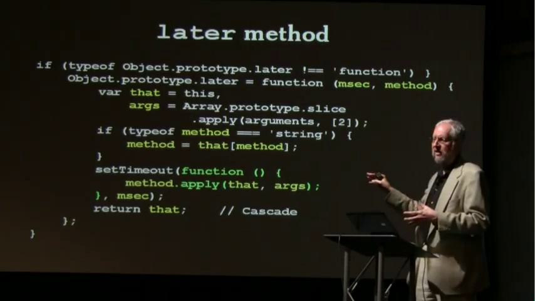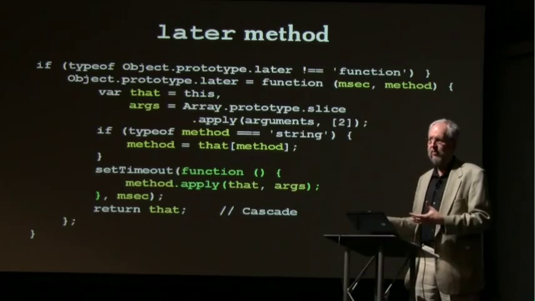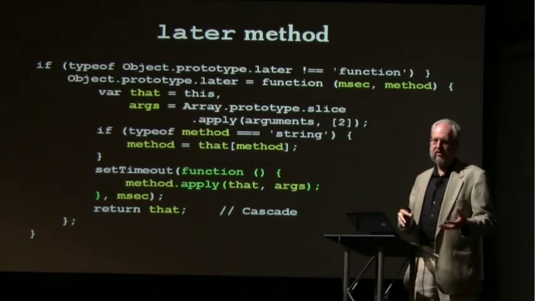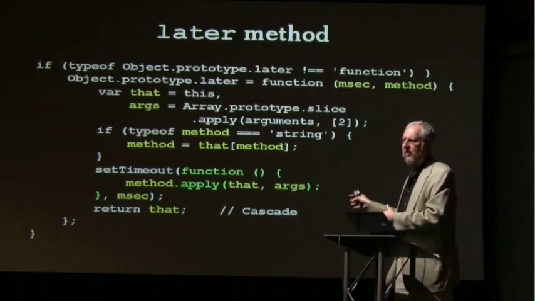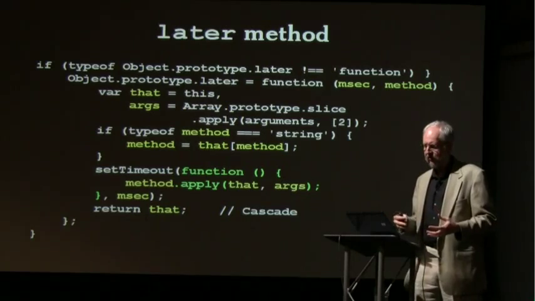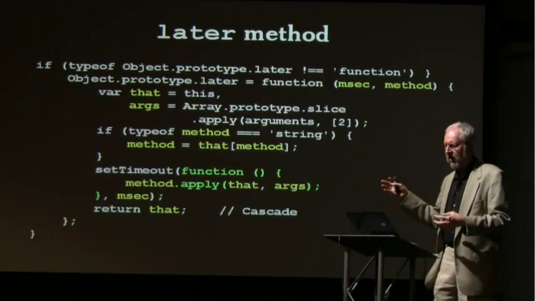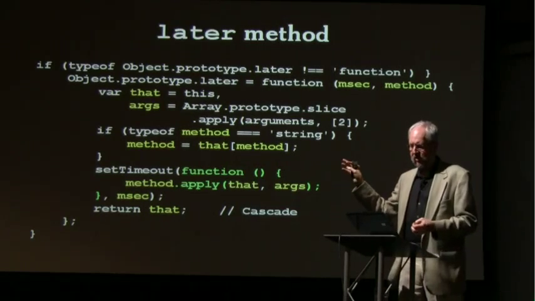You want to do it conditionally, just in case the language ever actually adds later as standard equipment, so that you're not going to be replacing the official version with your version. Generally, you don't want to be doing this in applications, although it's sometimes a reasonable thing to be doing in AJAX libraries.